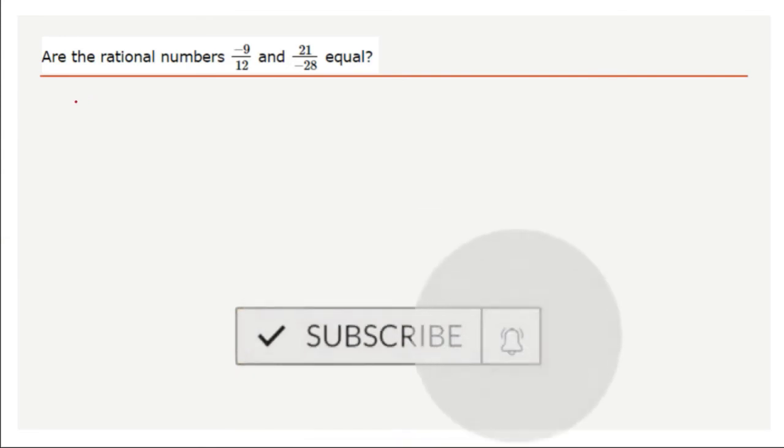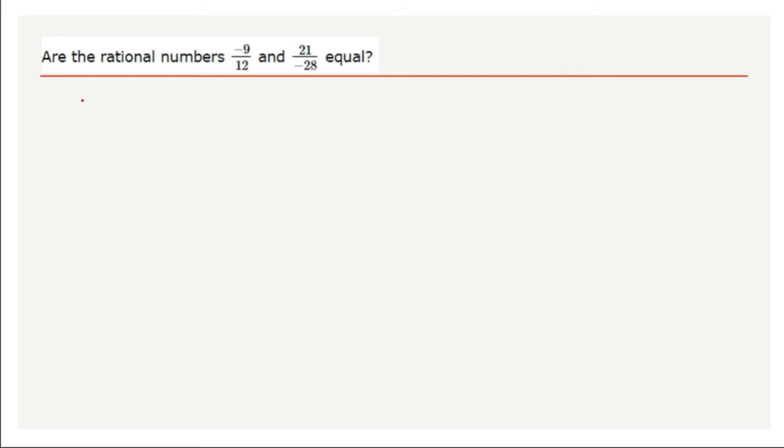Now, I'll multiply the numerator and the denominator of minus 9 by 12 with negative 28.